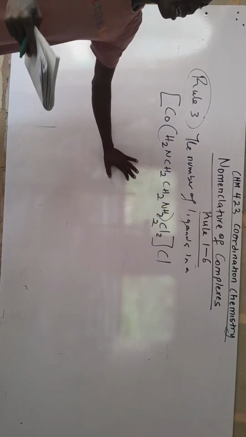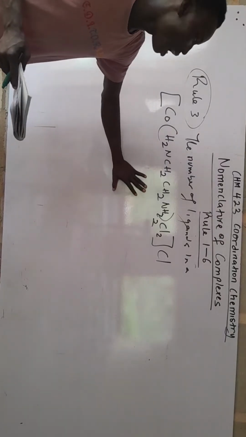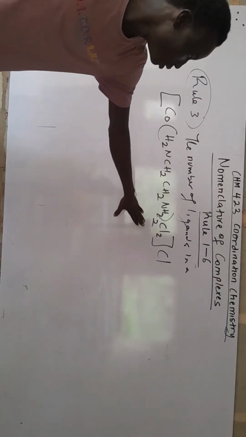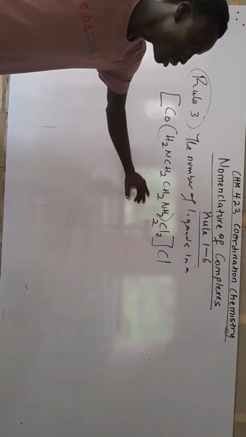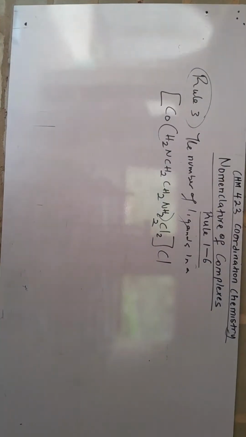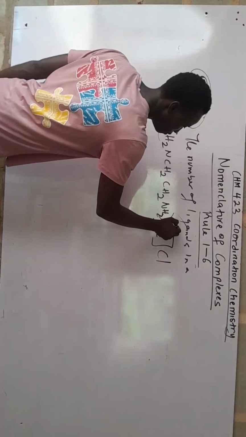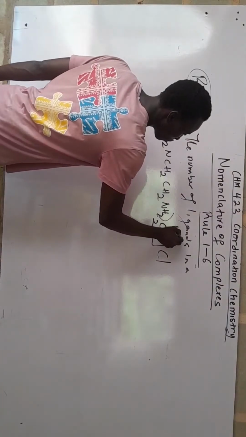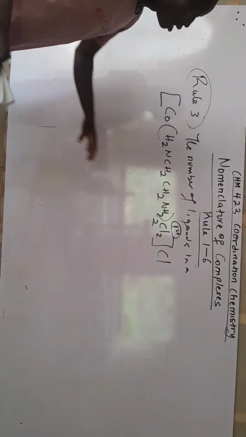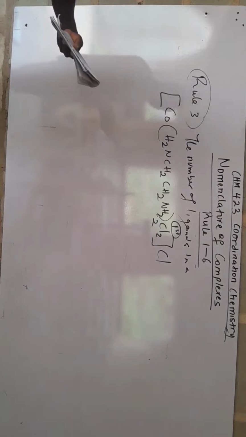Now let's find out what is the name of this compound here. How do you name this compound? Recall the rule that I gave you before, that you have to deal with what you have here first, followed by this, then followed by that one there. Now, from here, this one will be named first. After naming this one first, you now proceed.